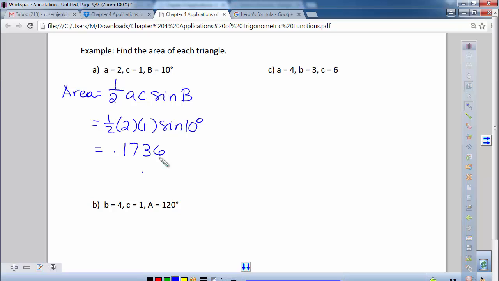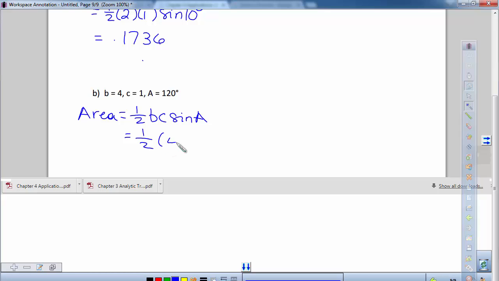All right, in B, we've got angle A, and we've got two sides, B and C. A is between these two sides. So again, we'll say area equals 1/2 BC sine A, or 1/2 times 4 times 1 times sine of 120 degrees.